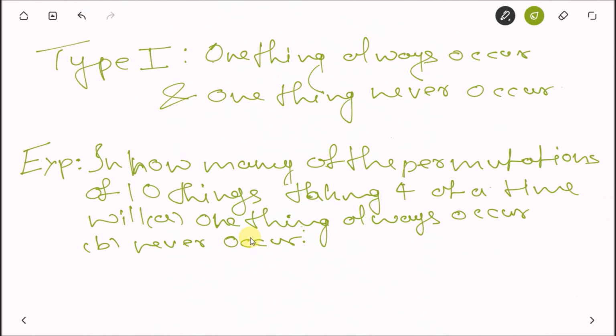If we solve the problem, 10 things and one thing always occurs, then what will happen? Think about the scenario where 10 people are going for an interview, and one person is related to the manager of that company. So he will be reserving one seat from the four.